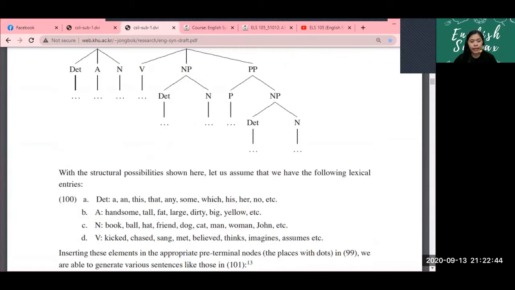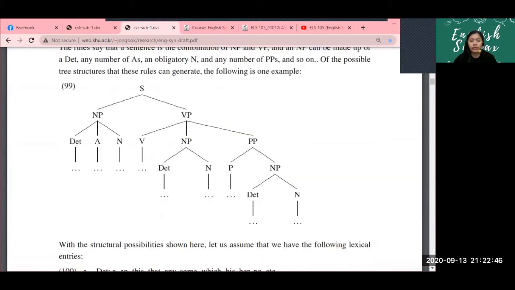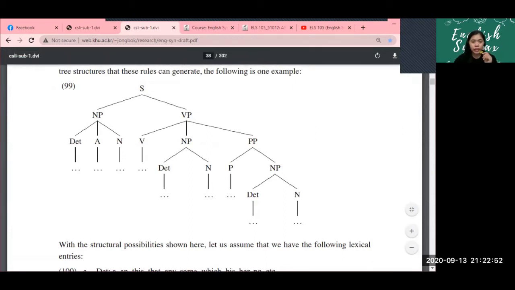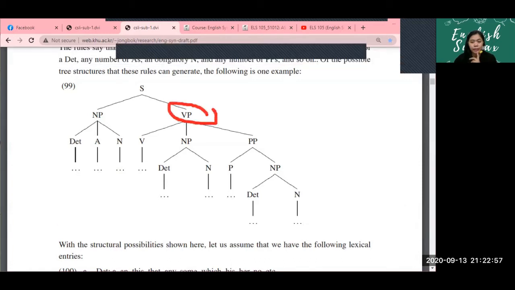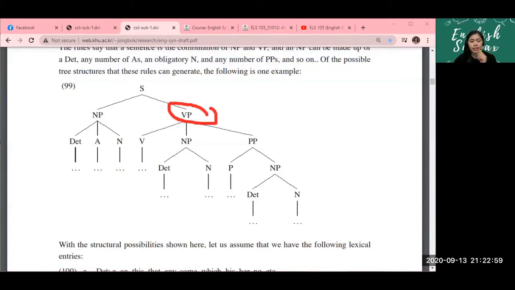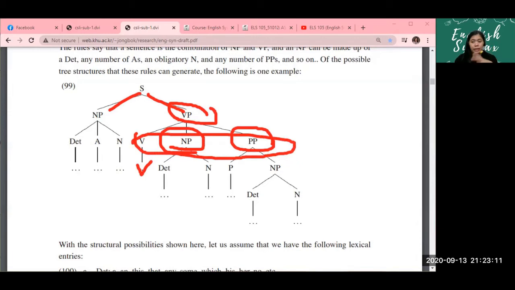You can also review a little about PS rules, how to write them. It's always important that if you write, for example, a VP, the broader VP in the sentence, which includes a verb, an NP, another NP, and a PP, you identify that as the head of that combination of V, NP, PP pattern.